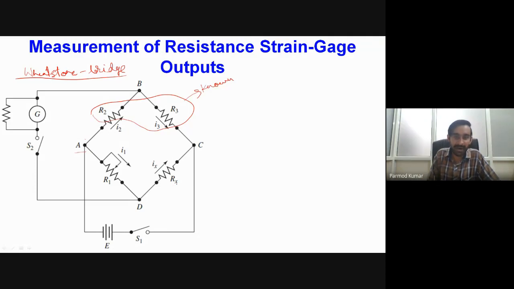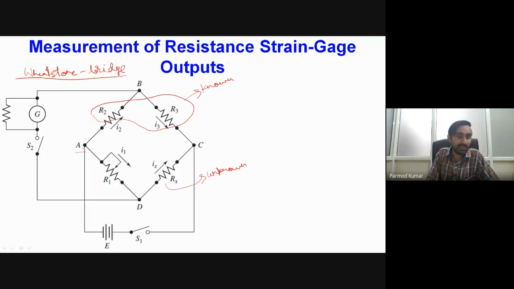Then we have Rx, which is our unknown resistance; you can consider this as your strain gauge. Then we have R1, which is initially unknown and is a variable resistance. We vary its value in order to balance our Wheatstone bridge.